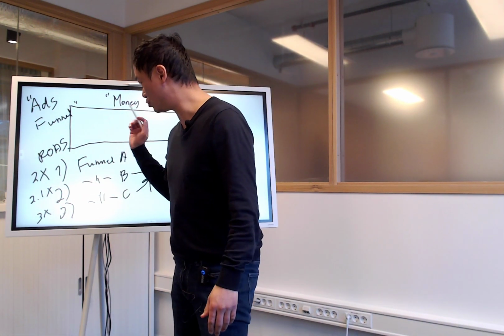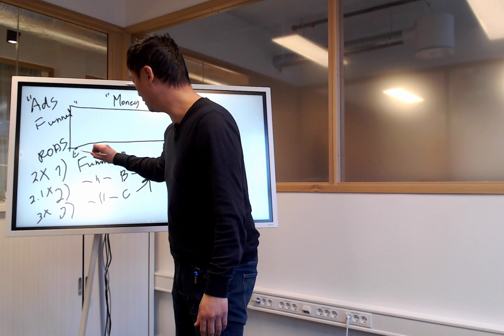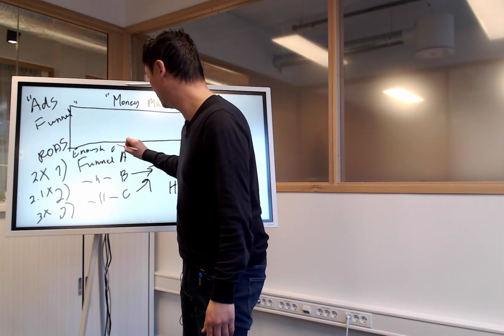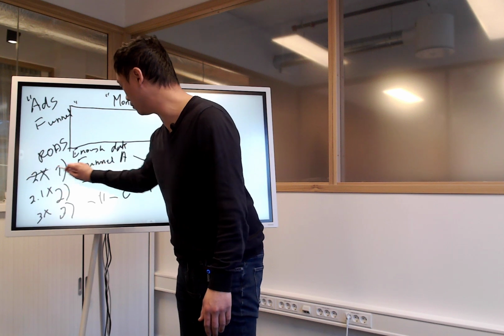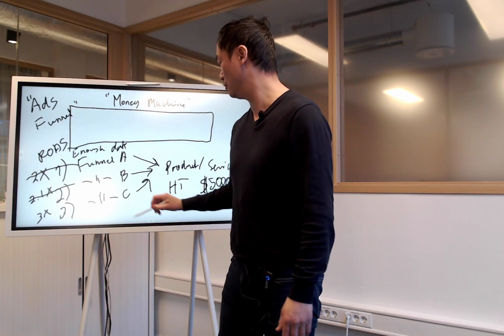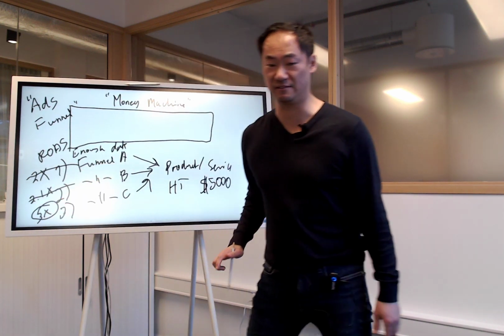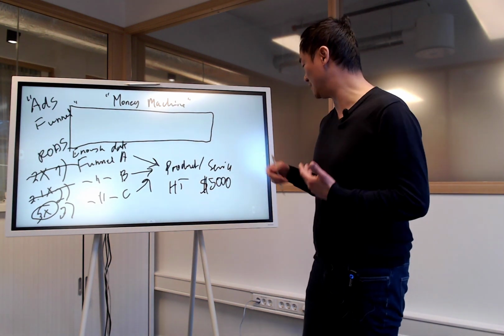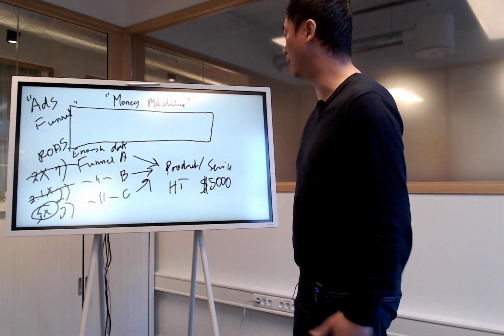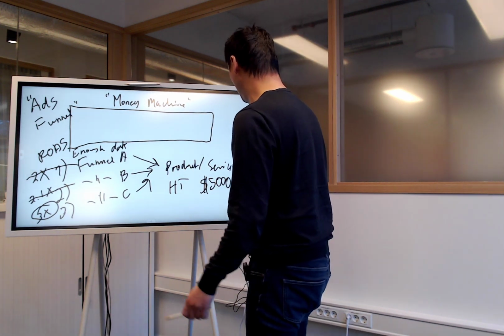At the end of the day, once you have enough data, you can say, okay, we're not going to do this one, not going to do this one, just going to do this one because it has the highest return on ad spend, right? So this is how you are testing it, but back to the point.